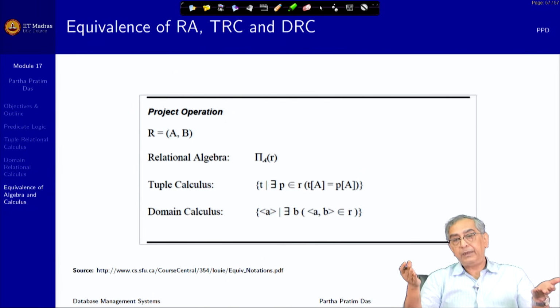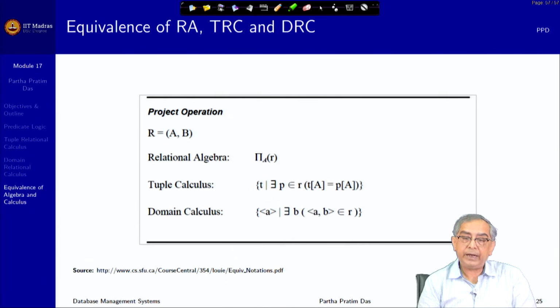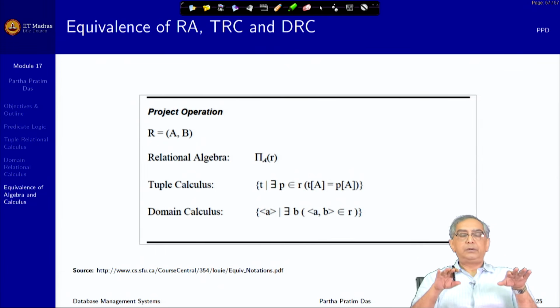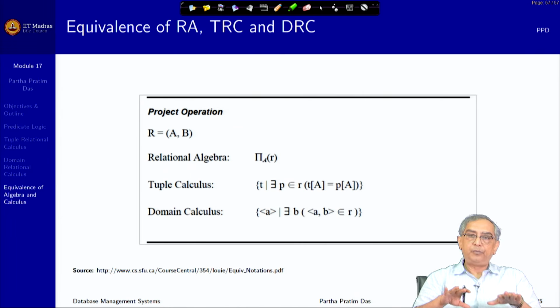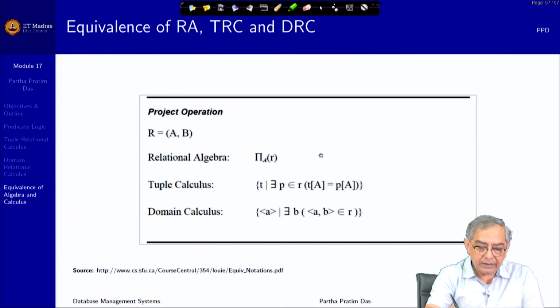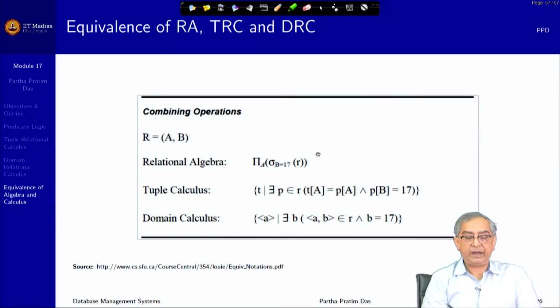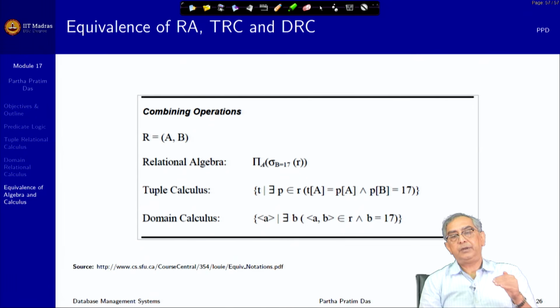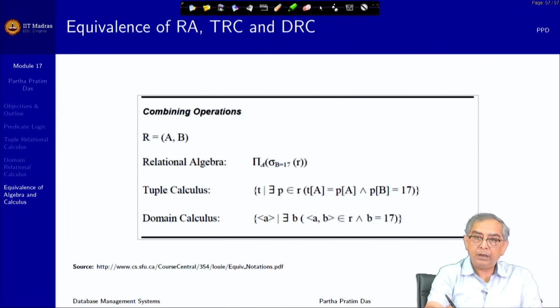When you take a projection, this is how you can write it in terms of tuple calculus and so on. But we would not go into the detailed mathematical proof of this. The proof is given in the book. If you want, you can read it up. But just go with the fact that there is equivalence for each and every operation and their combination between relational algebra and the predicates in the calculus.